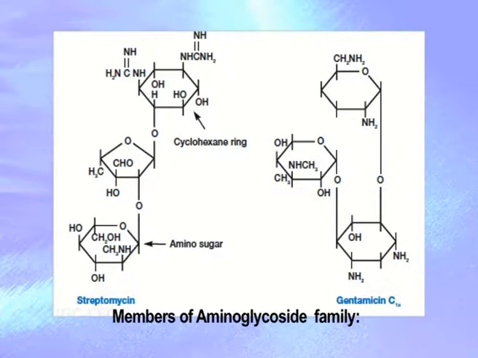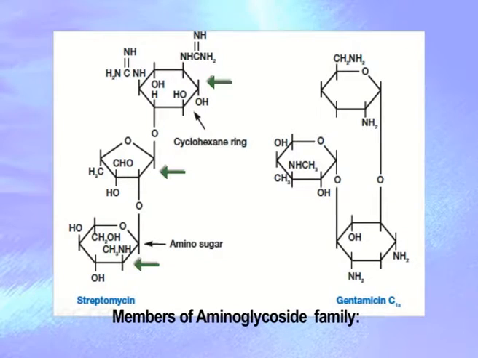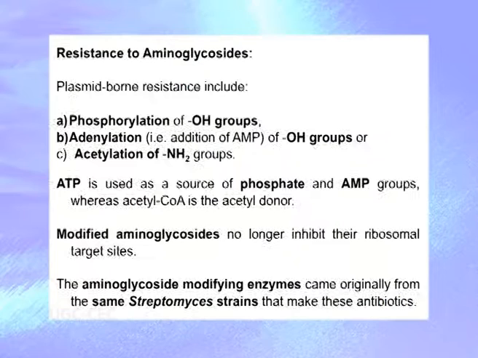Next we are coming to the aminoglycoside family of antibiotics, which comprises streptomycin, kanamycin and gentamicin. The structure of aminoglycosides consists of at least 3 sugar rings, which contain certain amino groups. Resistance to aminoglycosides arises because of phosphorylation of the OH groups, secondly adenylation of the OH groups, and third acetylation of the NH2 groups.